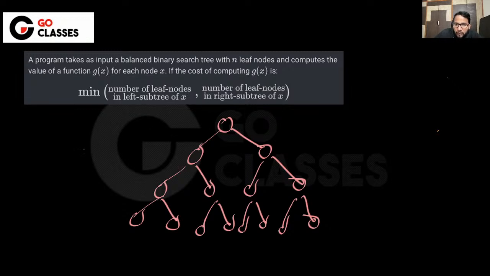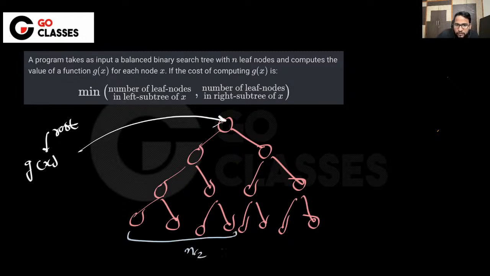So tell me, what is the cost of computing gx at root, if x is root? You will say the minimum number of nodes in the left subtree of x, which means n by 2, or the right subtree. I mean, you will take the minimum of n by 2 and n by 2. You will be getting n by 2 here, right?